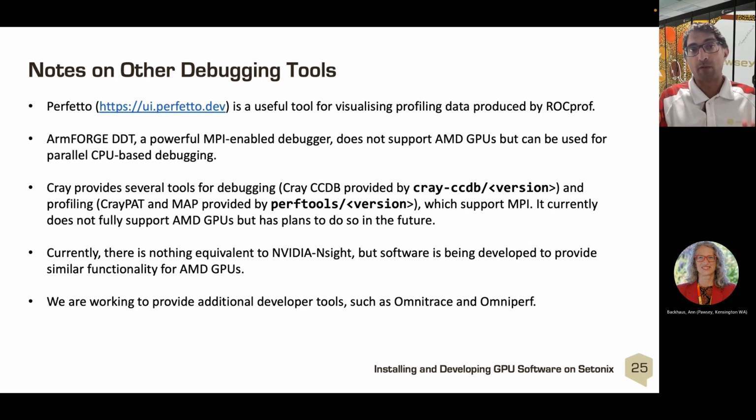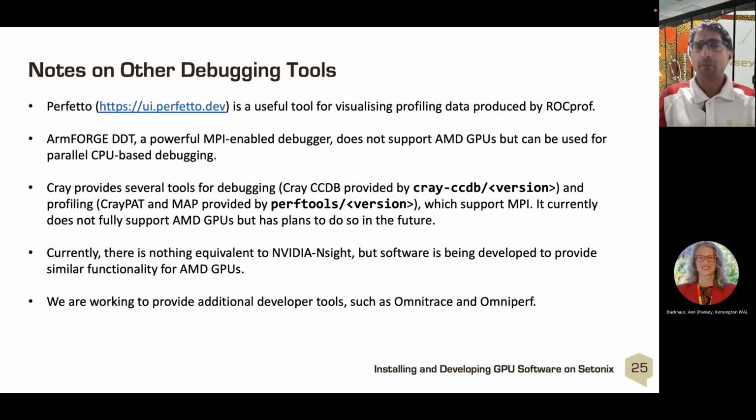Arm Forge DDT, this powerful MPI debugger that we have on Setonix, we've had on our systems, currently does not support AMD GPUs, but can be used for CPU debugging. And there is a roadmap to eventually include AMD debugging. Cray provides several tools for debugging, such as CCDB, the Cray comparative debugger, provided by the cray-ccdb module.